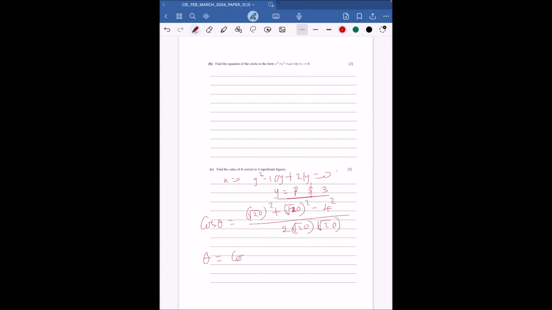So theta will be cos inverse of, so 20 plus 20 is 40 minus 16 over 2 times 20. So theta will be cos inverse of that. So you press your calculator, you get 0.9273 in radians.